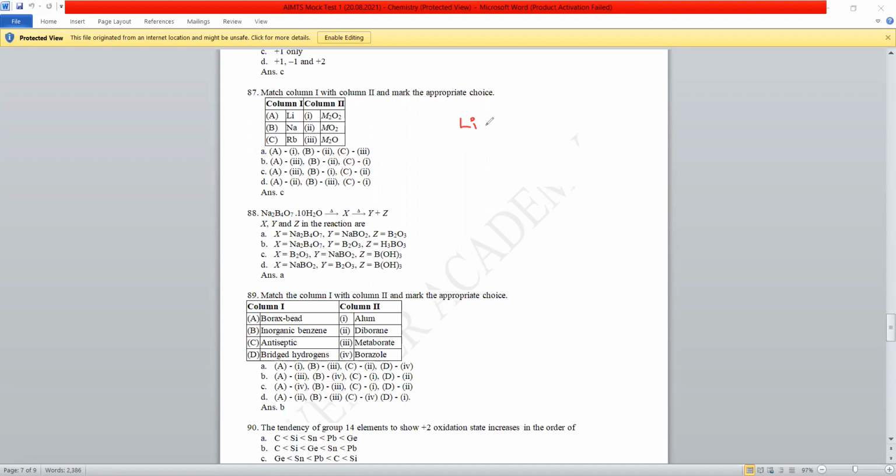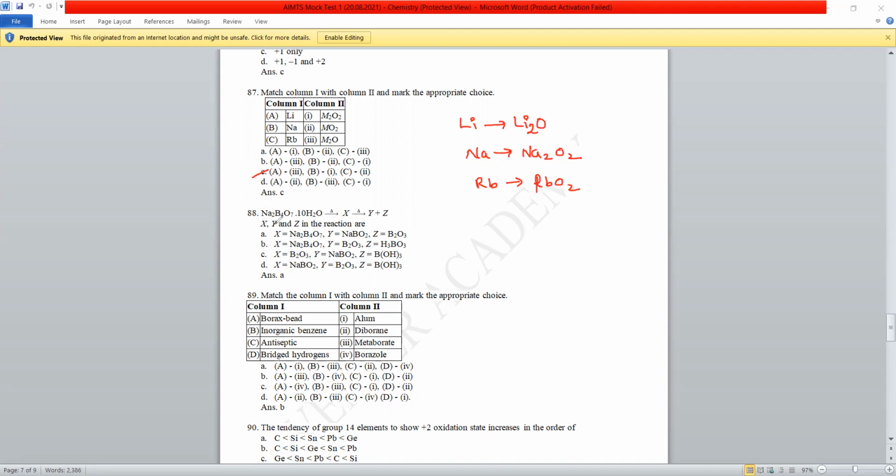Lithium forms oxides with oxygen, and sodium forms peroxides with oxygen. Rubidium forms superoxides, RbO2. So large size elements form superoxides. So we will check the answer. B is the correctly matched one.